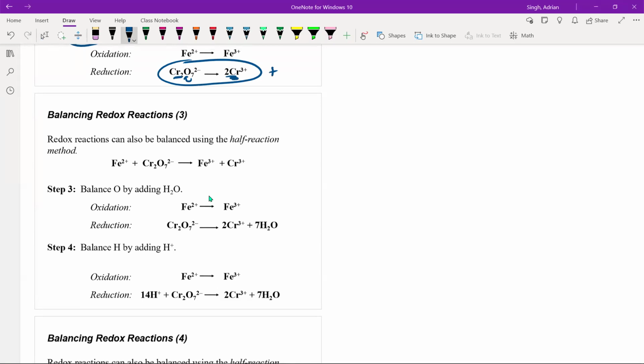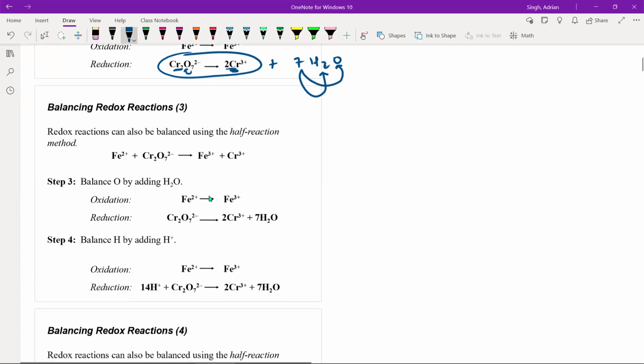I need to add 7 H2O's on the right to give me those 7 O's. So the oxygens are now balanced, but by balancing using water, I've also introduced some H's. How many H's have I introduced? 7 times 2, which is 14. I then need to balance the H's by adding H's to the left side. So that's 14 H pluses to the left.